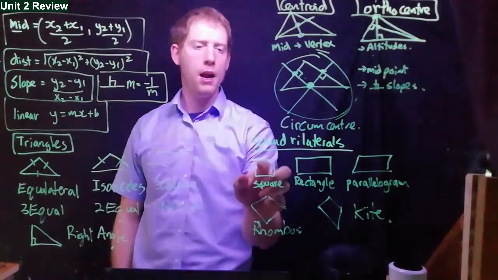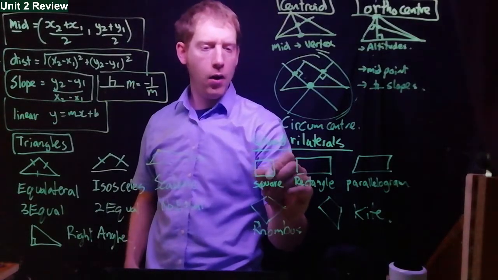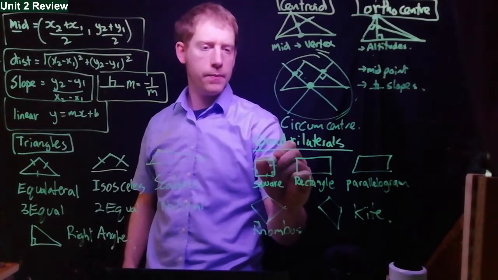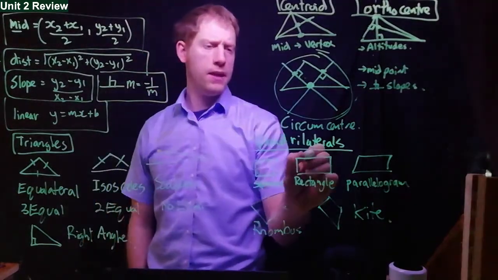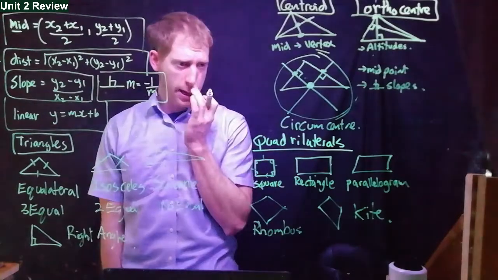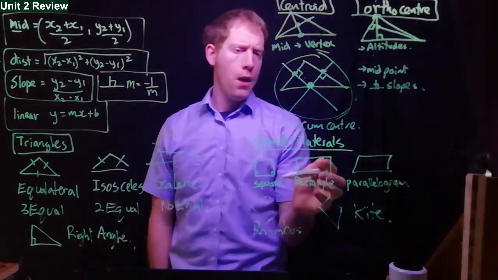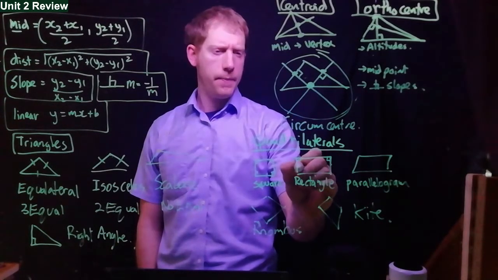A square, you can prove it by using the distance formula, right? And also, all these are 90 degrees. You can also prove a rectangle. These two sides will be equal. These two will be equal also. And these will have 90 degrees here.